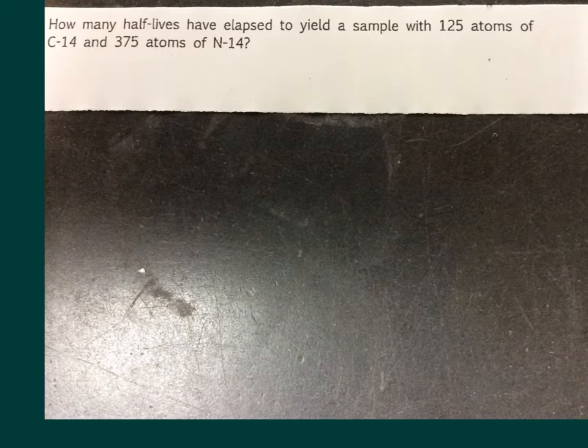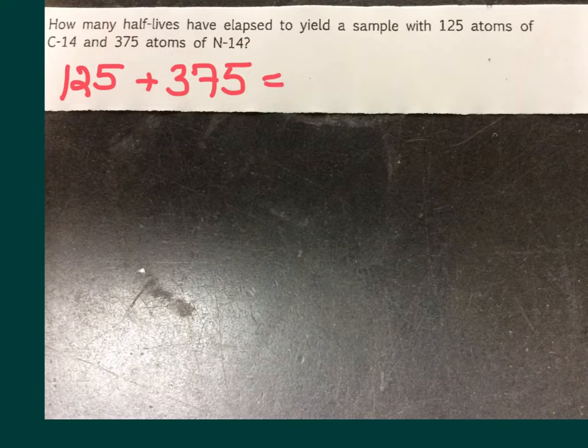So that means we still have 125 radioactive things, and we have 375 things that used to be radioactive. So how many radioactive things did we start with? 500 atoms. So we started with 500 radioactive atoms. We all see how we got there?